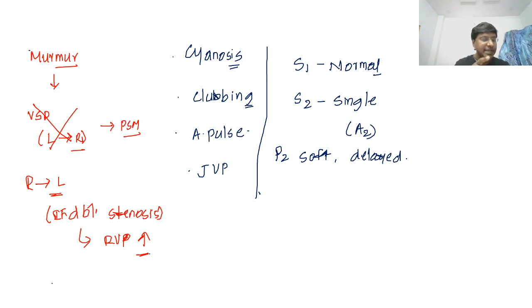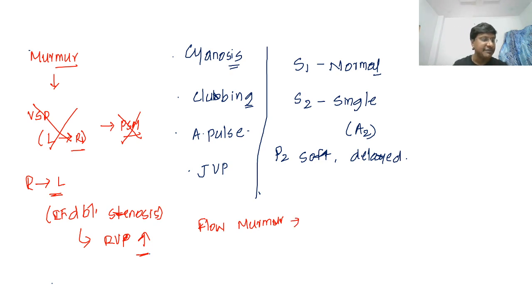Once the flow becomes right to left, that VSD murmur, that pansystolic murmur, will be absent. Then which murmur do they have? They will have what is called the flow murmur.